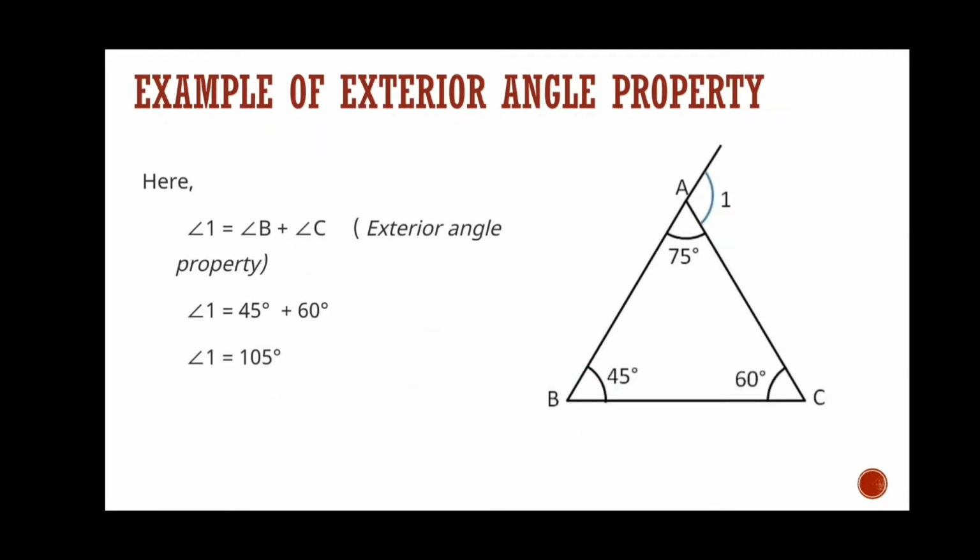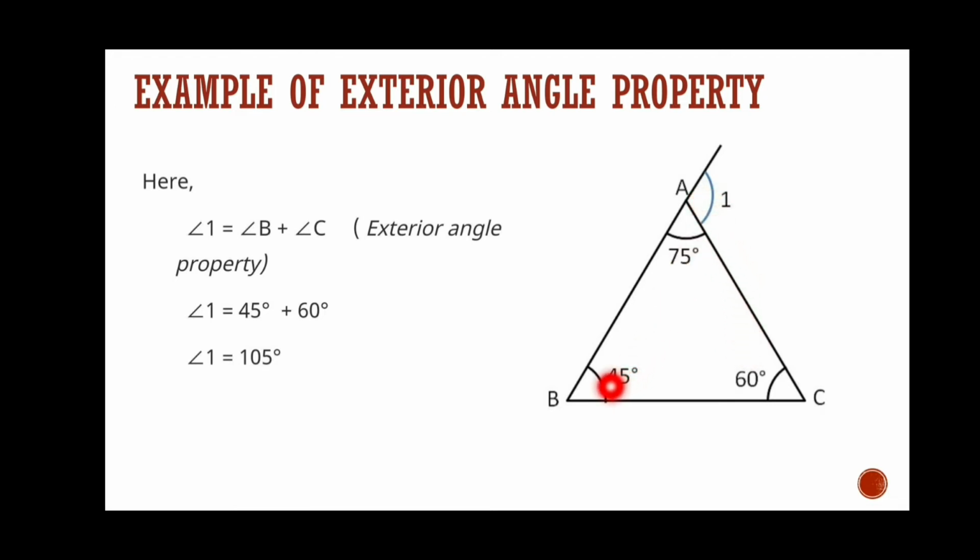Now let's take an example of the exterior angle property. In this figure you can see that angle 1 is the exterior angle and we have to find the measure of this angle 1. So how will we find it? We know the exterior angle property: the exterior angle is equal to the sum of its interior opposite angles. So what are the opposite angles of angle 1?